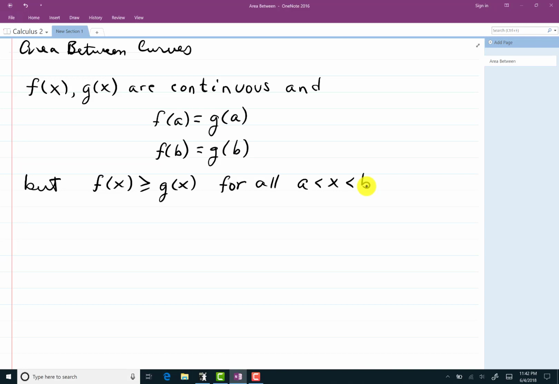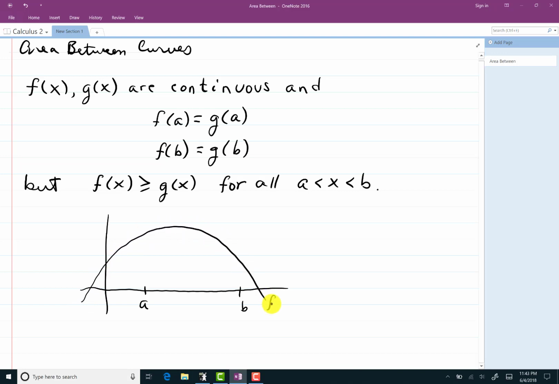Anyways, what I have then is a picture that looks like this. Just a rough sketch, nothing special. Let's say I start with a, there's b, and then some sort of function comes through. There's f of x.